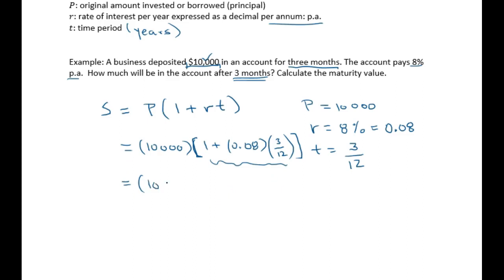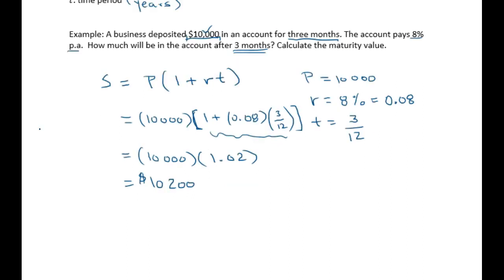You can do it all in one go if you want to, but I'm going to do inside the bracket first, which means I need to do my multiply, then add it to 1. So as an intermediate step I end up getting 1.02 multiplied by 10,000, and you end up getting $10,200 coming in. So that's what we call our maturity value.